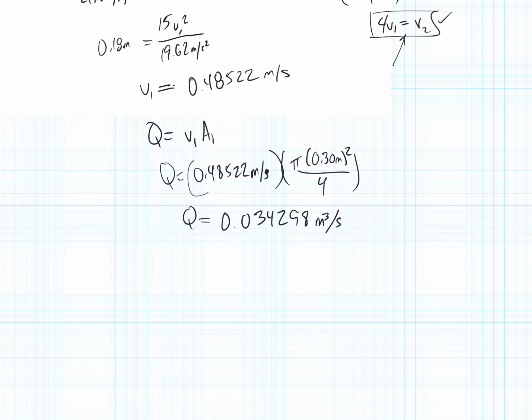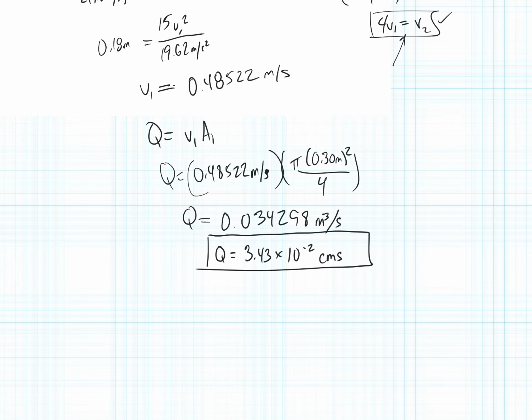Of course, the final answer should have 3 sig figs and no more. So I would say 3.43 times 10 to the negative 2 cubic meters per second. Okay, boom. And that's how you solve this sucker.